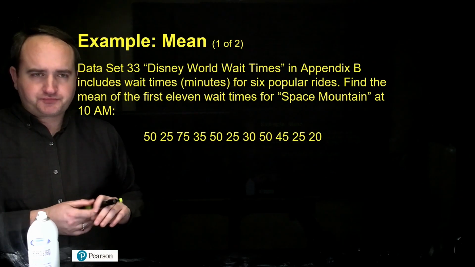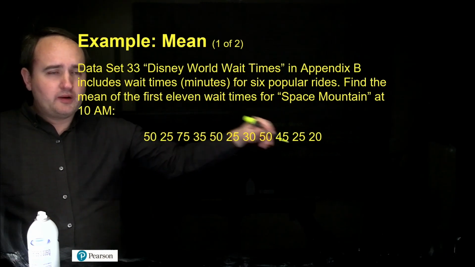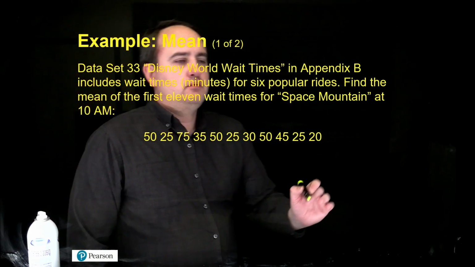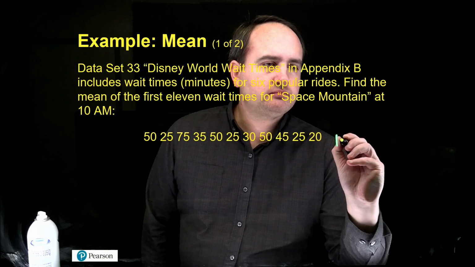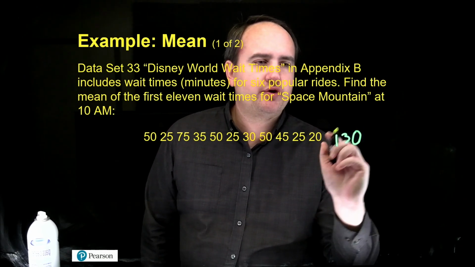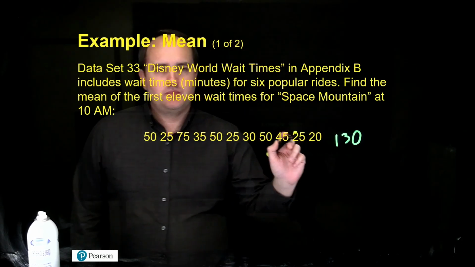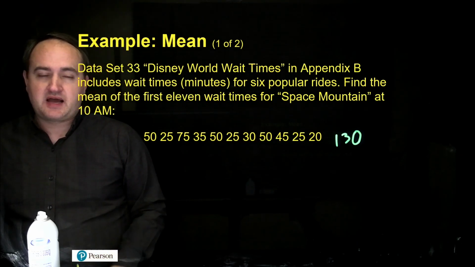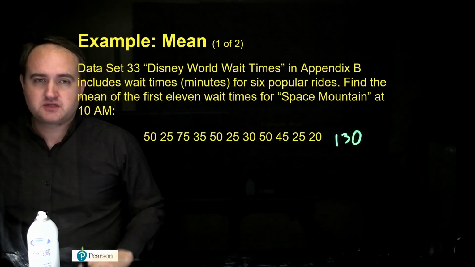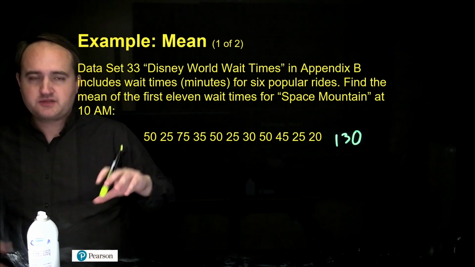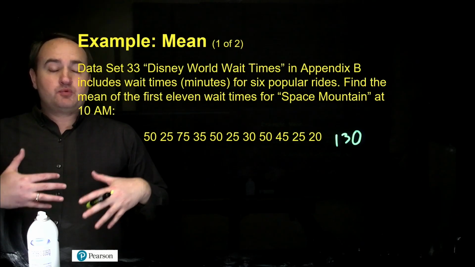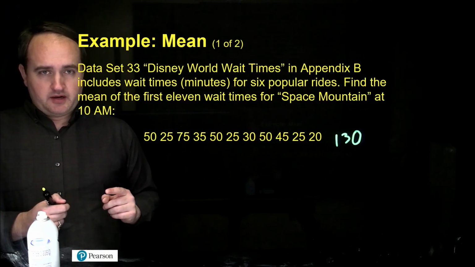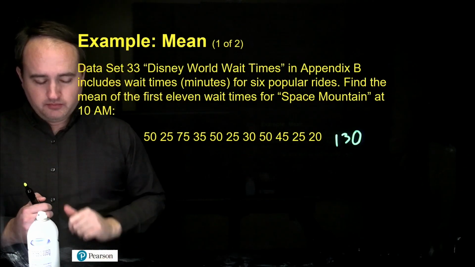So for example, if we included one more wait time of, say, 130 minutes, what do you think that's going to do to the mean? Well, because the mean includes all the data values, it's going to drastically increase the mean. So the mean is going to go up a lot. That's why we say the mean isn't a resistant measure of center, because it doesn't resist data values that are unusually high or unusually low.